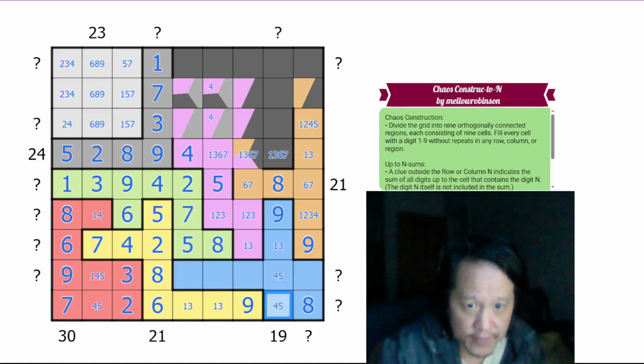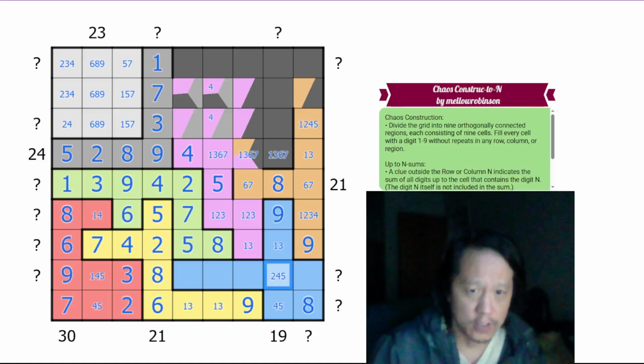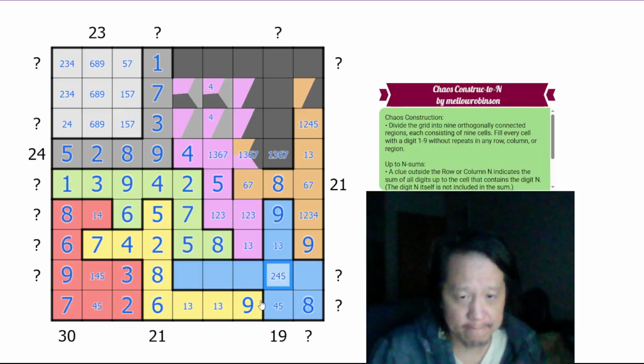It could be 3 and 5 and 2. So those are the possibilities. Remaining digits in row 8 are 1, 2, so 3 can't be here.